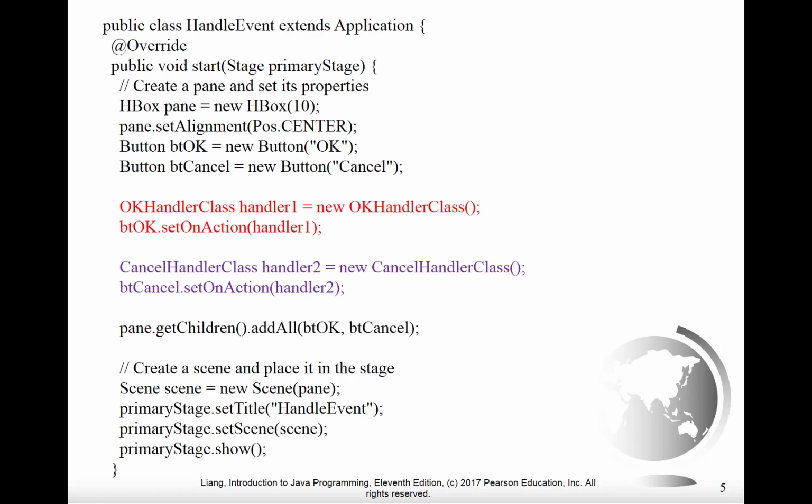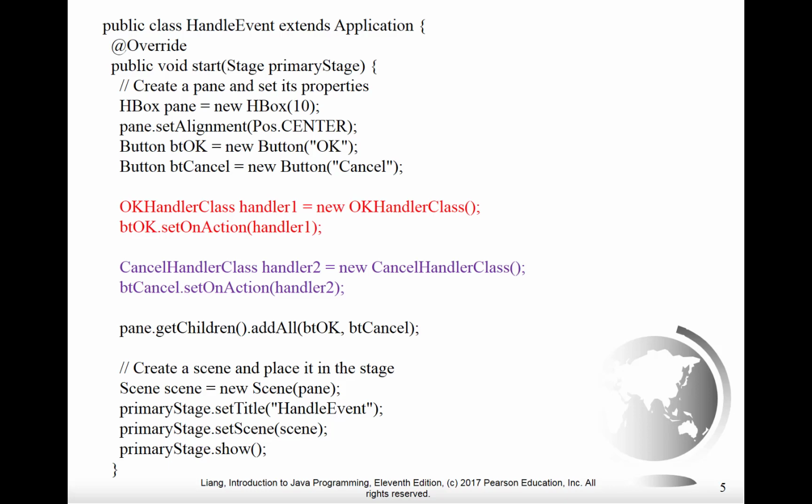This is the mechanism by which we respond to the click of the OK button using some code that's written in handler1. Now the same story is true for the cancel button. So the cancel button is the same button you're familiar with from chapter 14, except all along there was a setOnAction method that you didn't know existed that could be used with this button.